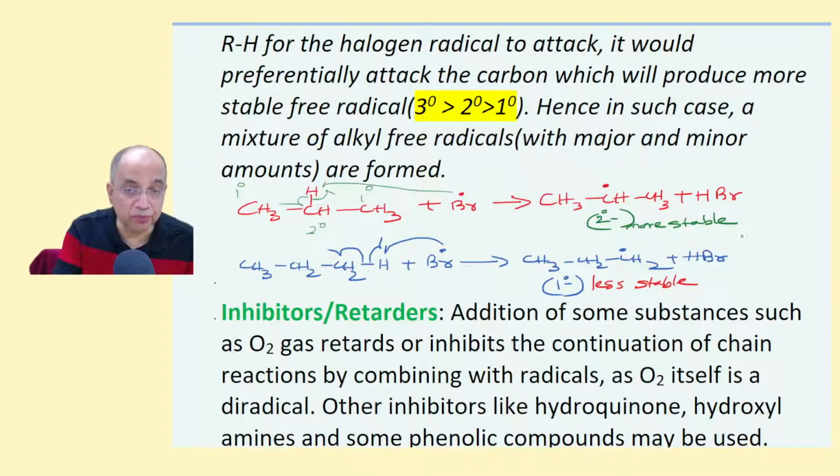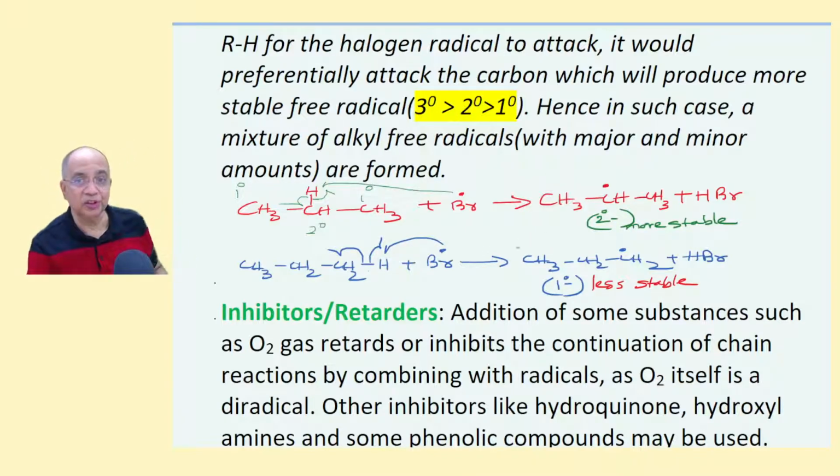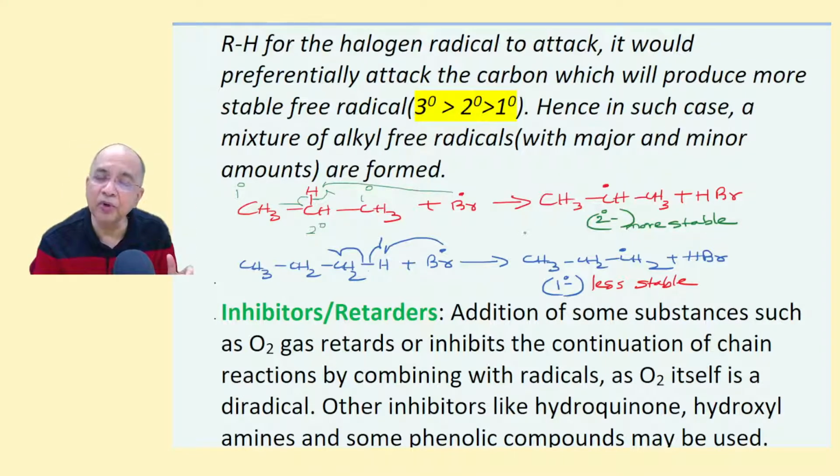Why? Because it will be producing a more stable secondary free radical, having more number of hyperconjugation structures. There are 6 alpha hydrogen atoms. I'm just reminding you, those who have not studied hyperconjugation, never mind, read it. You can watch it. I have given the study materials in every video in the description box. You must follow them.